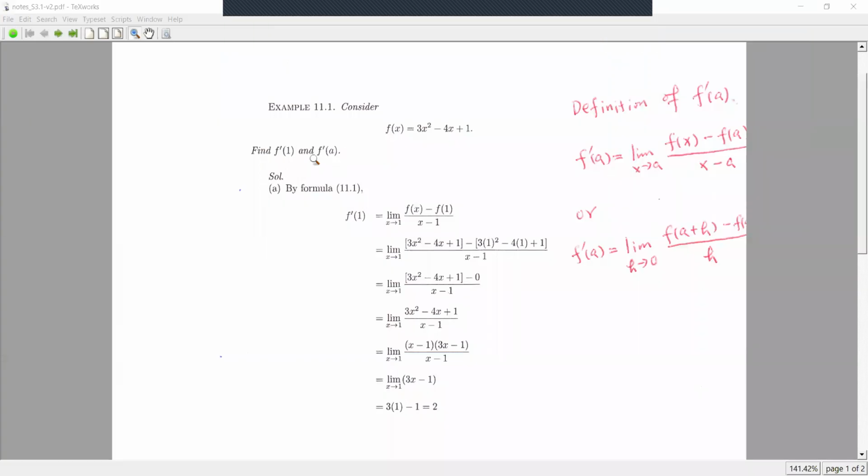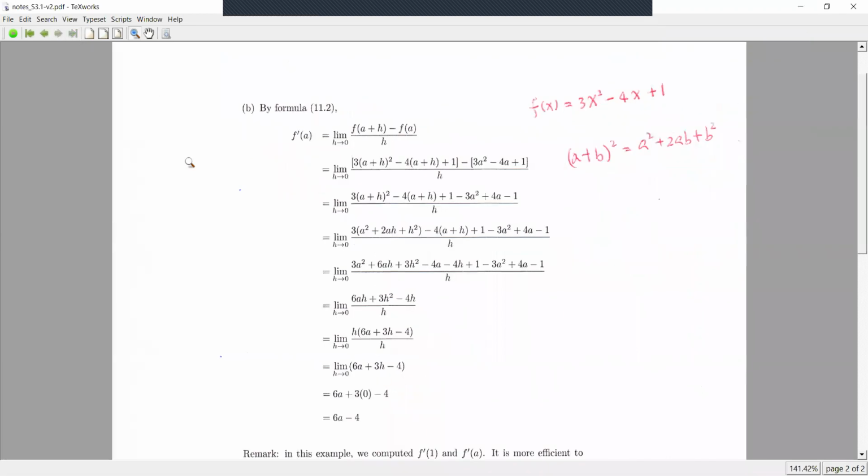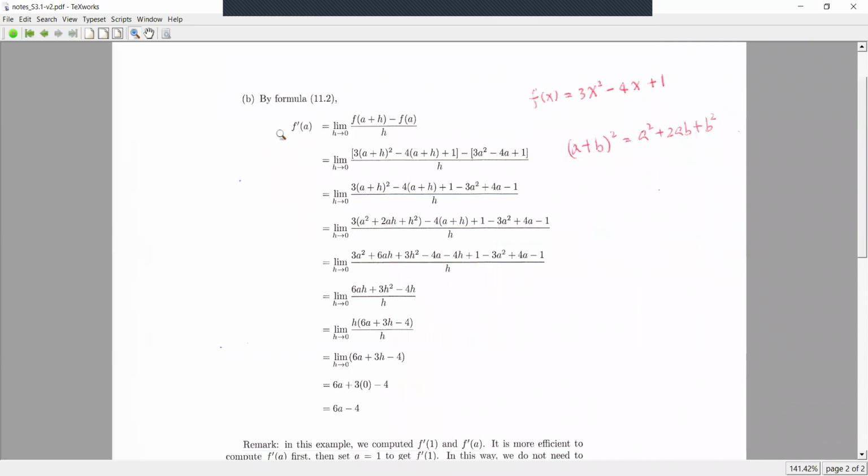Now, compute the derivative at the point a. This time, I use the second formula to compute this derivative. By formula, the derivative at the point a is this limit. Now, function value at a plus h.